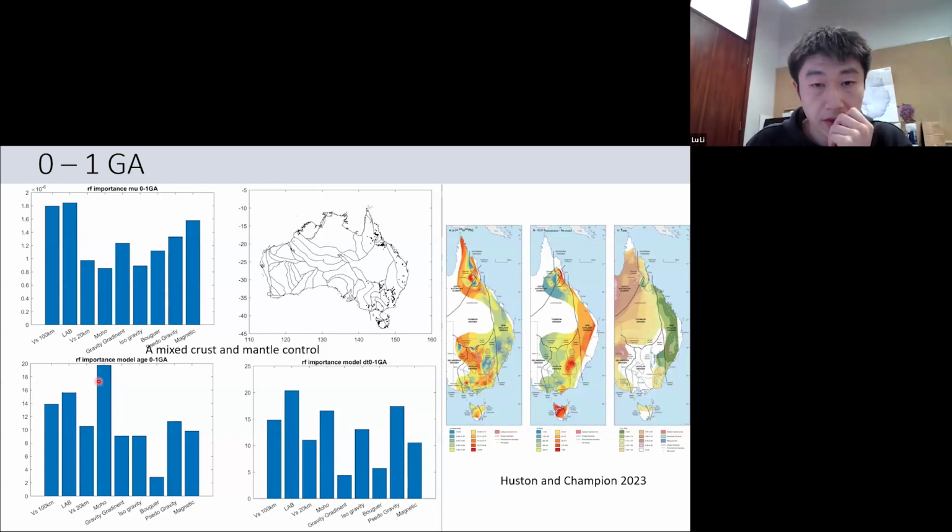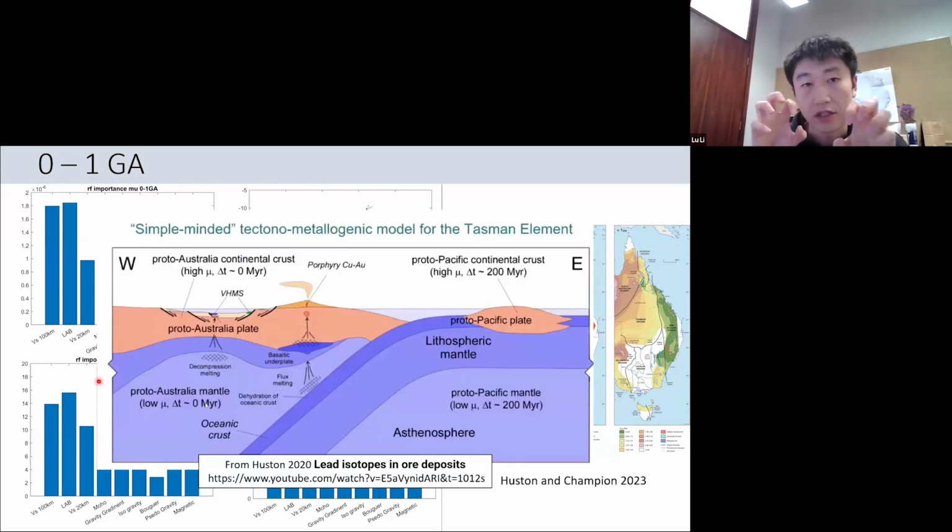And actually, there's a publication from Dave Houston looking at what the geological meaning is in this area. It turned out that they think potentially there are two continents, Proto-Australia and Proto-Pacific, with a boundary, and there's subduction due to the Proto-Pacific in the east and to the west, which explains the spatial distribution of both the variation of mu value and delta T. Which makes sense.